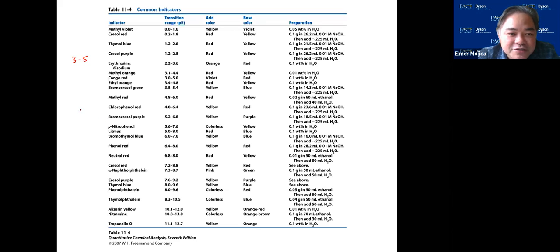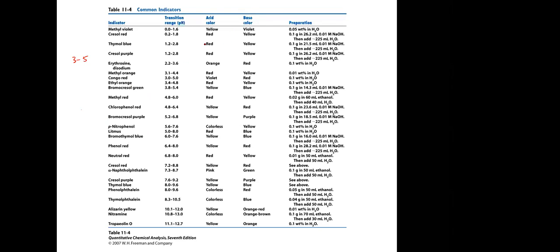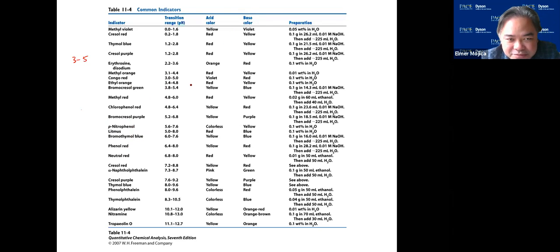So if you look at this methyl orange, okay, it has a transition range between 3.1 and 4.4. So it can be used. Okay. Congo red, can we use it at 3 to 5 transition? Yes. The answer is yes. Thymol blue, can we use it at 3 to 5?